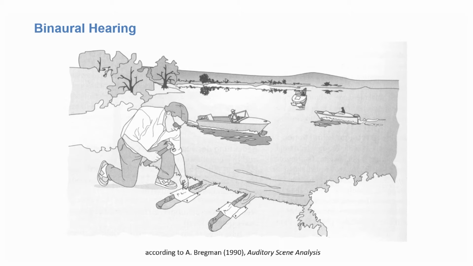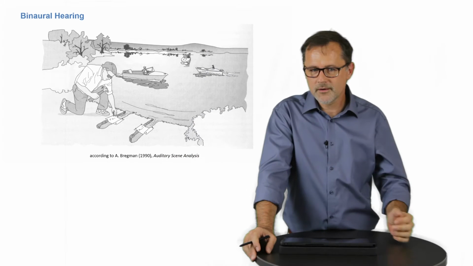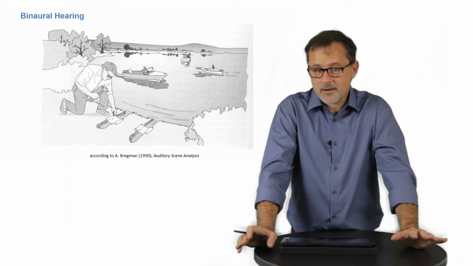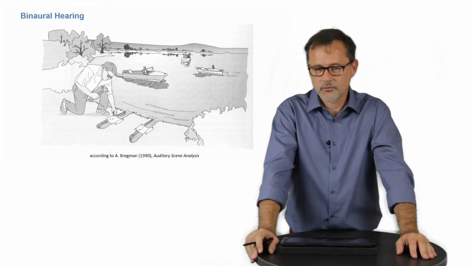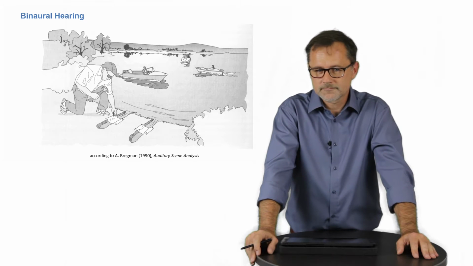The task is now to only watch how these tissues move and conclude from this movement how many boats are on this lake, where they are and how fast they move, and what the size and the shape of the lake is. If you think that this is impossible, I have to tell you that this is exactly what you do every day if you listen.